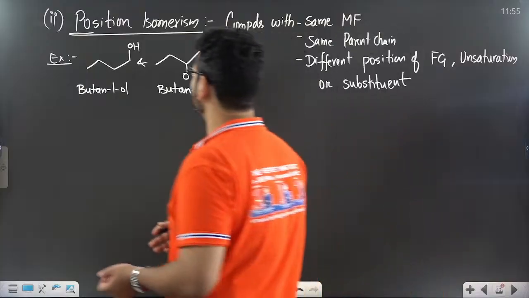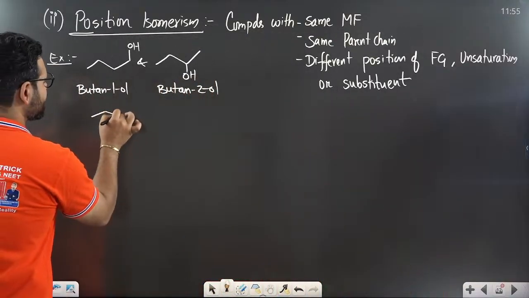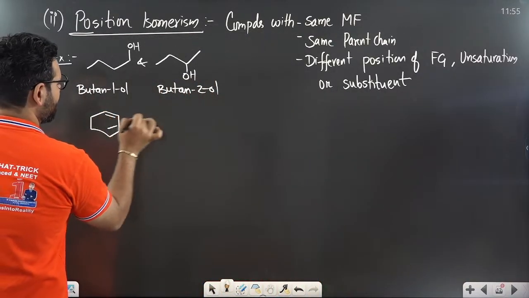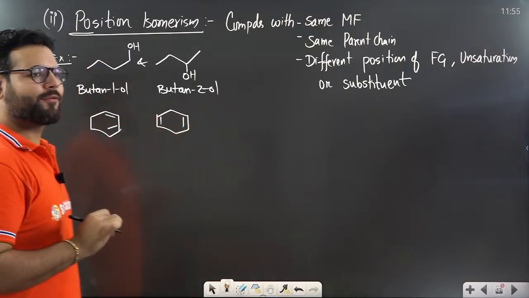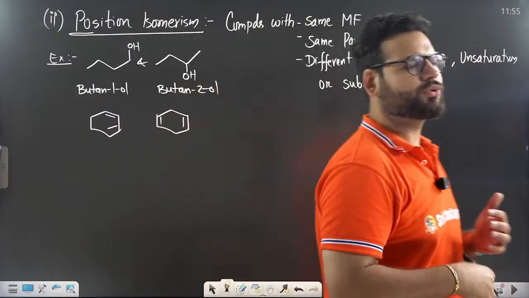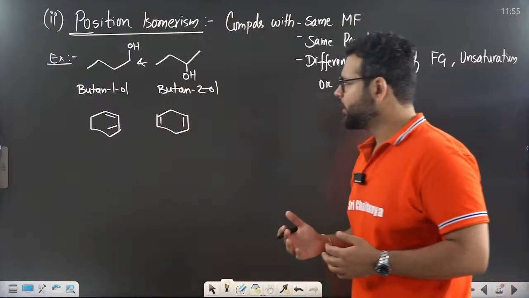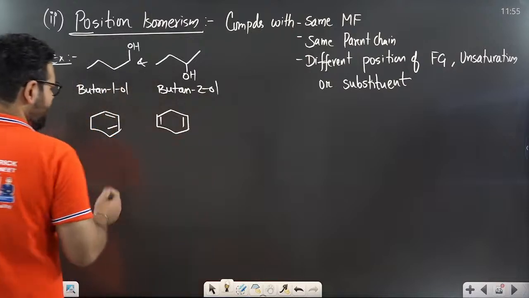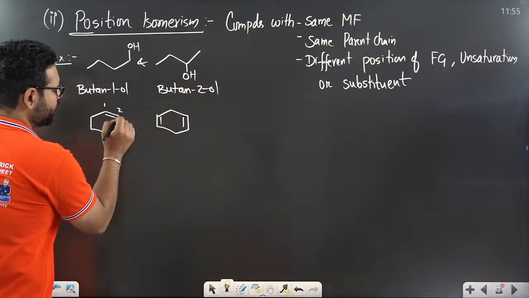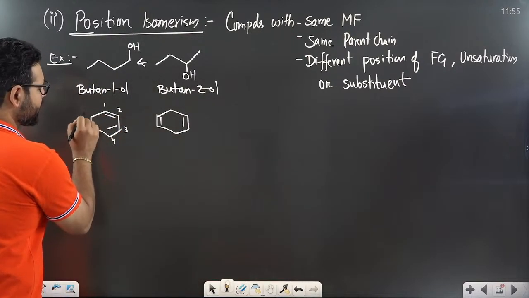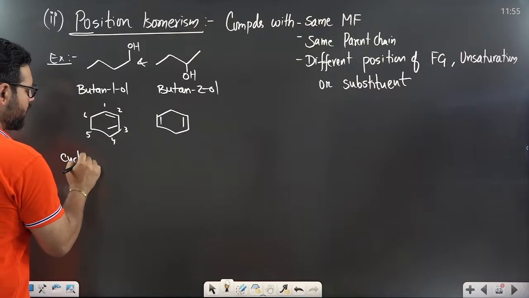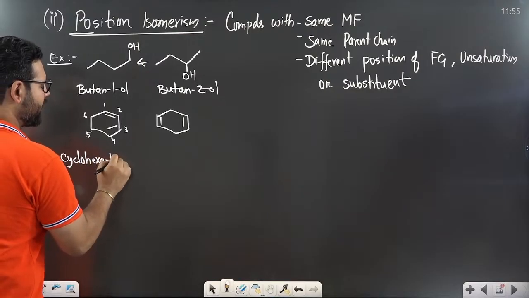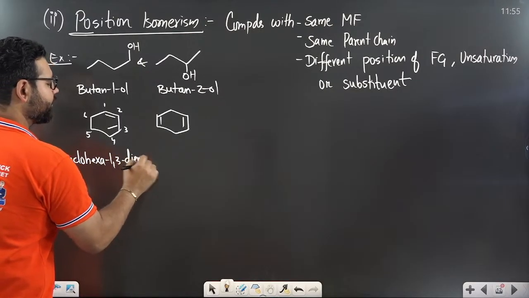Maybe the position of unsaturation is different, something like this. Okay, if you try naming these two cyclic compounds, this is going to be named as cyclohexa-1,3-diene.